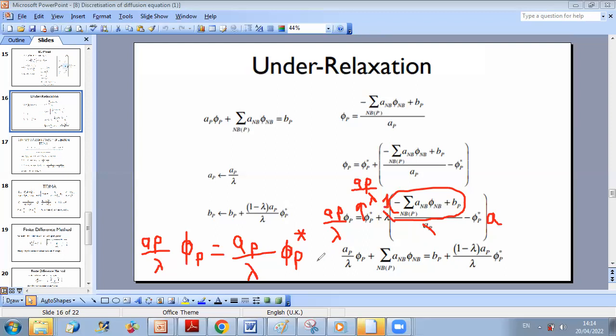So it's minus summation of A neighbors times phi neighbors plus BP. And finally, we have phi P old multiplied by AP, so minus phi P old multiplied by AP.